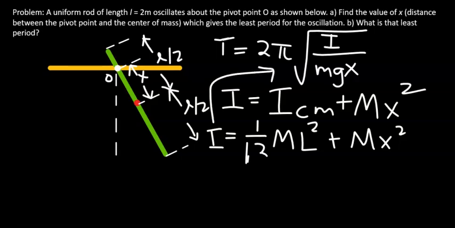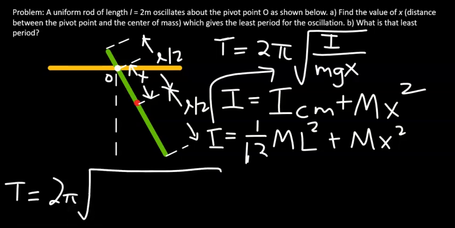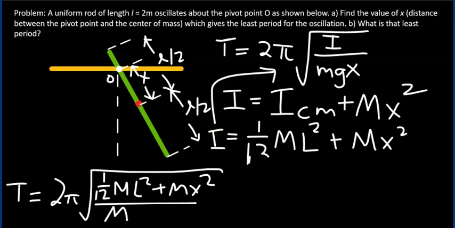Substituting this in here, we get the complete expression for the period of oscillation for such a pendulum. So I is 1/12 mL² plus mx², over the mass of the uniform rod times g times x.